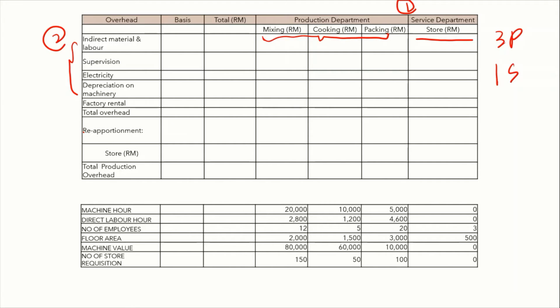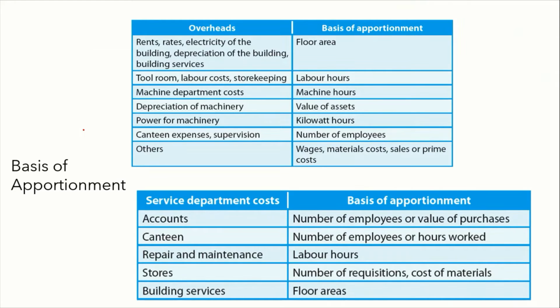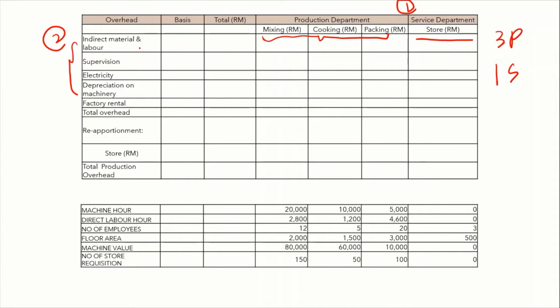So moving on. The second step is to apply the basis of apportionment. This is all the same table that I have given you in your slide. Based on this table, decide your basis for the overhead costs stated here. You must find the suitable basis for each cost. So how do you define the basis?